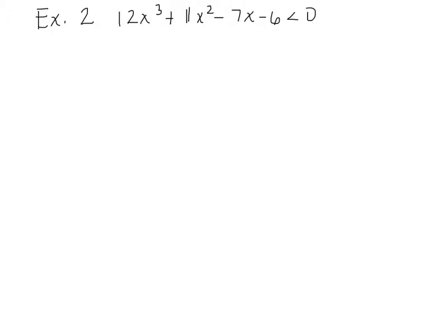Okay, for this particular problem, finding the zeros would require us, first of all, using the fundamental theorem of algebra. So that means that we have to make our list of possibles. So all the factors of 6 divided by all the factors of 12.